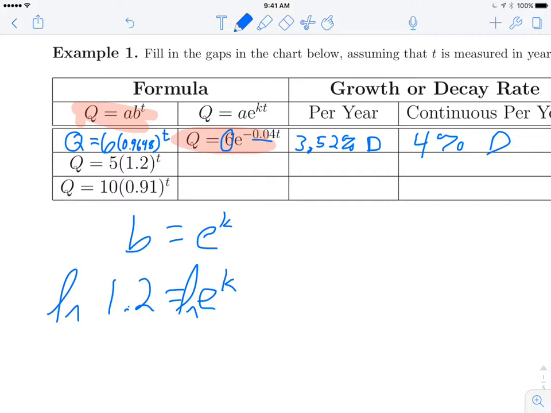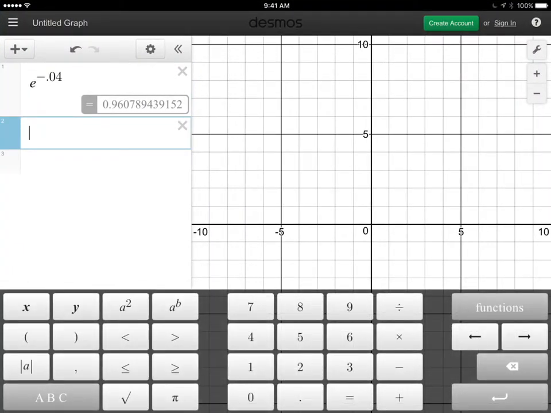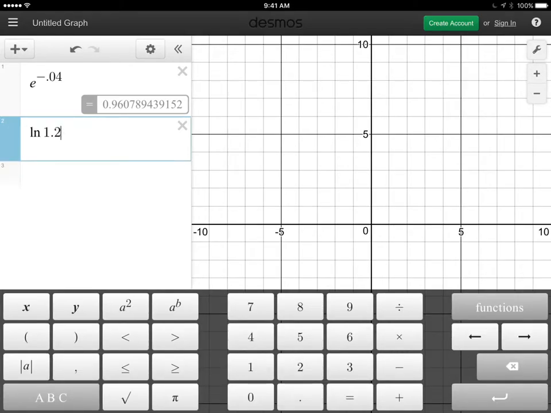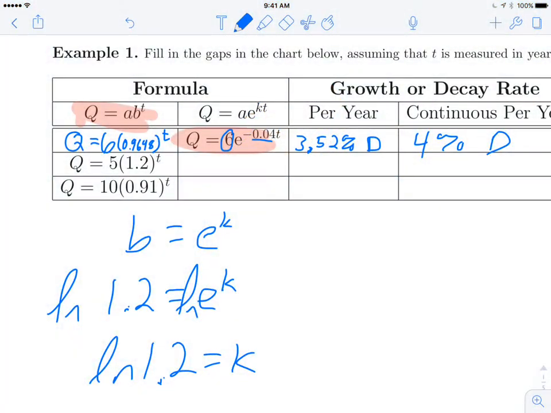So when I take the natural log of both sides, I get natural log of 1.2 equals whatever k is. So I just need to do ln 1.2. I get 0.1823. So k equals 0.1823.